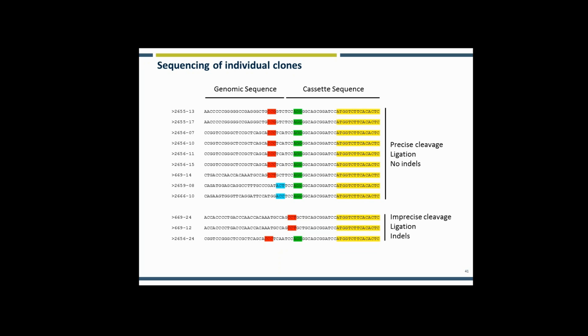We hadn't taken into account that the tag would actually go in at the breakpoints as it would be cleaved from the donor, and as the gene would be cleaved by the Cas9 itself. As a consequence, we hadn't adapted the frame of the donor to take this into account. And so it was only those events where the tag had incorporated in an imprecise manner that we then observed in-frame insertion of our tag of interest.